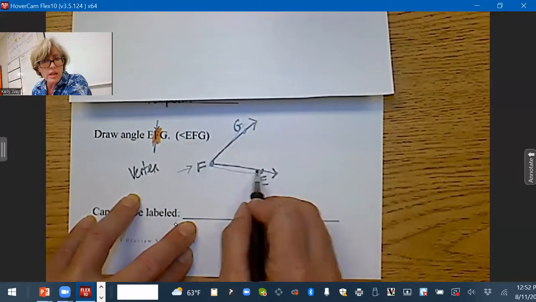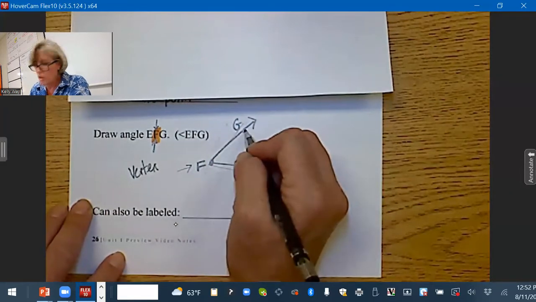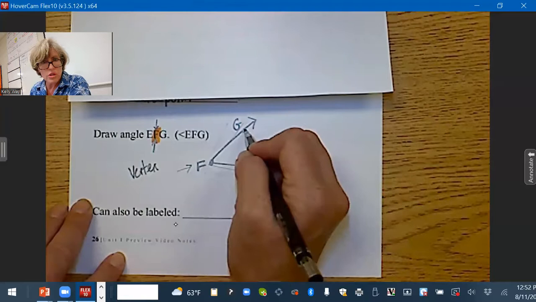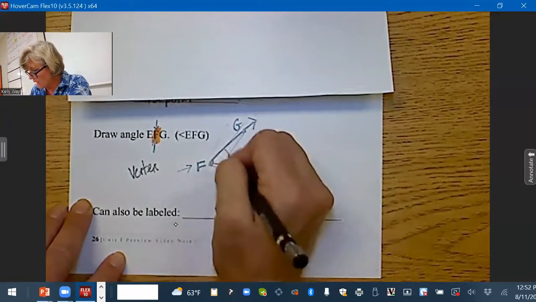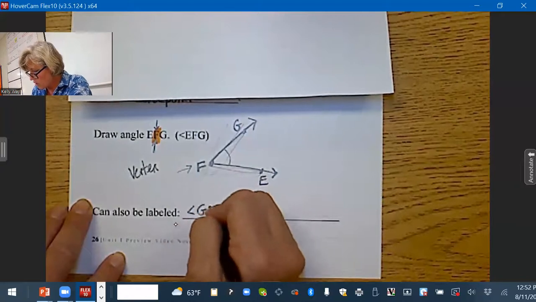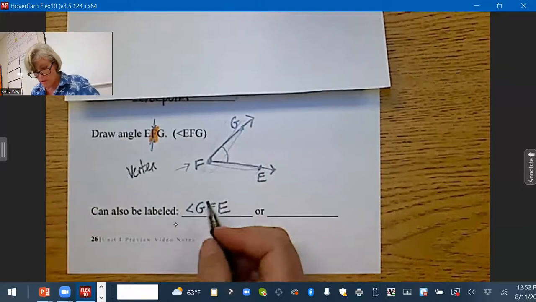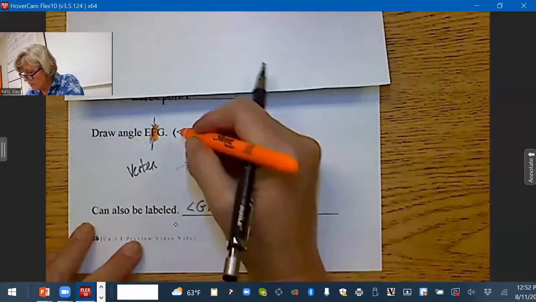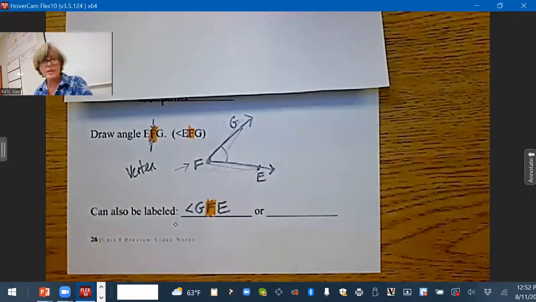Trace with me, EFG. Or now start at G and go this way. Start at G, pencil on G, GFE. We could name this exact same angle GFE. Doesn't matter, but what's common is that F is the vertex. It's the hinge. It's in the middle.